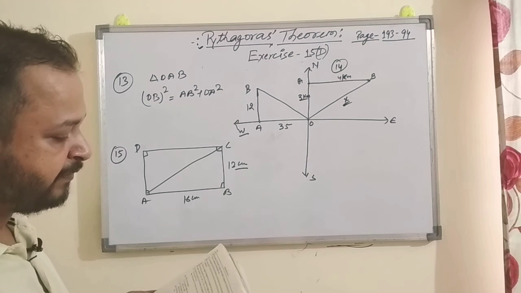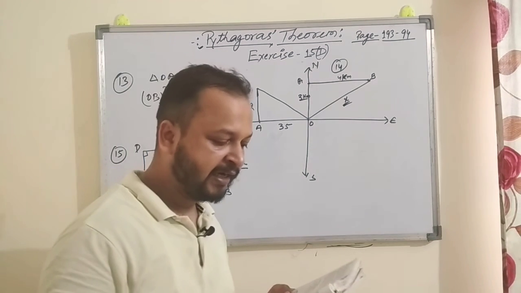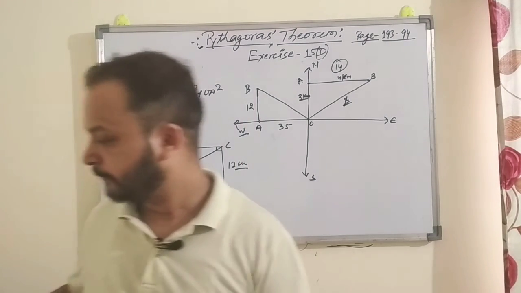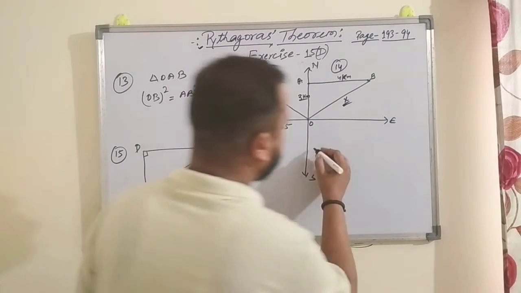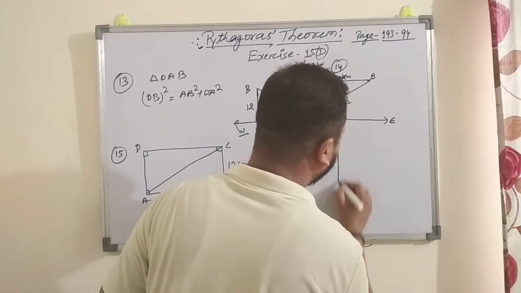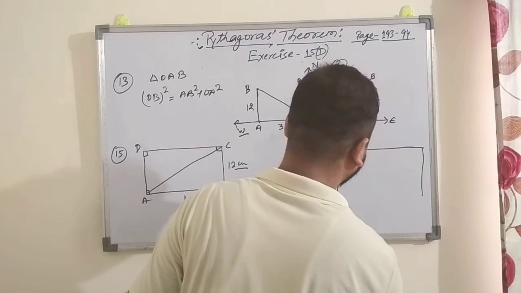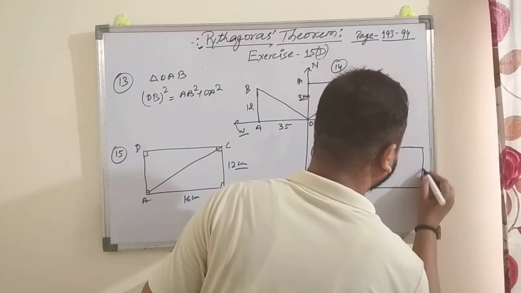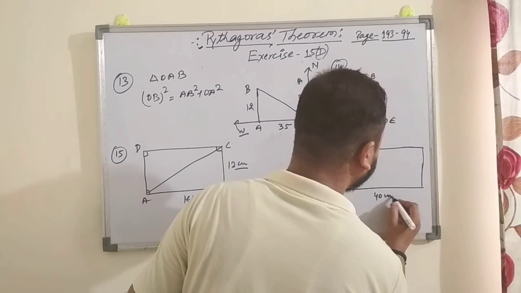Find the perimeter of a rectangle whose length is 40 centimeter and a diagonal is 41 centimeter. Question number 16. We have to find out the perimeter of the rectangle. This length is given as 40 centimeter.